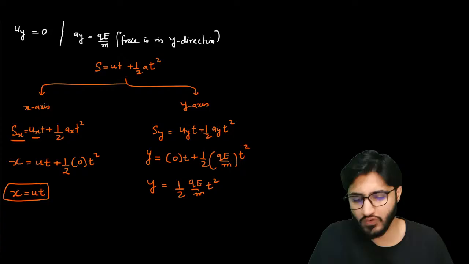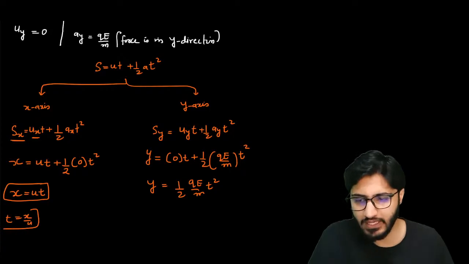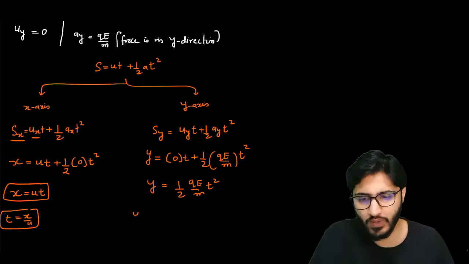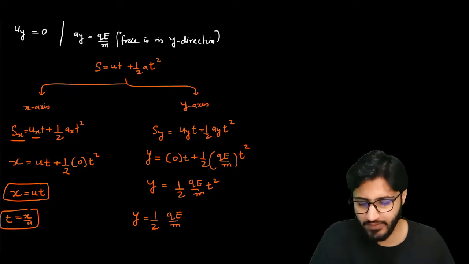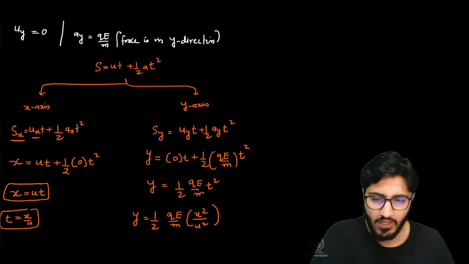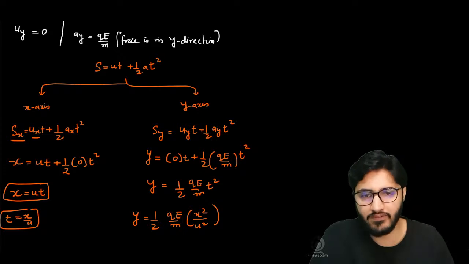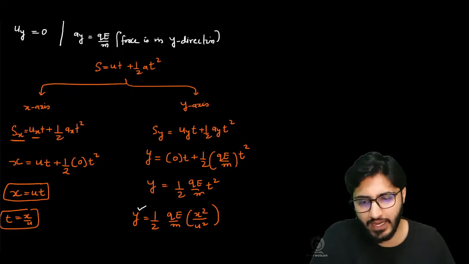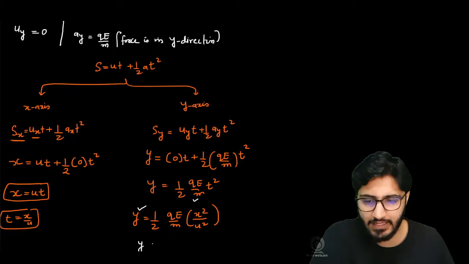From this figure, t is equal to x by u. Now place this t value here. y comes out to be 1 by 2 qE by m, and instead of t, I write x square by u square. So look at the relation between y and x: y is directly proportional to x square.